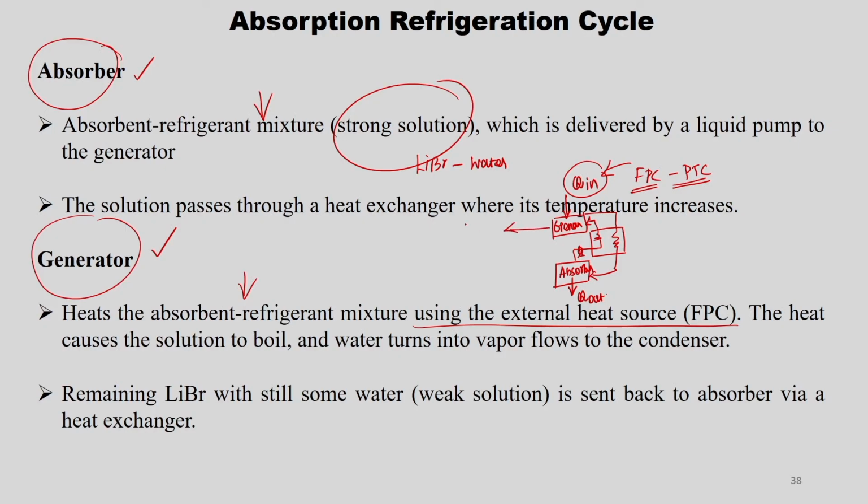And the remaining LiBr with still some water, which is called as weak solution, is sent back to the absorber via heat exchanger. That is what we said. So, it exchanges its heat, so that half of the heating of a strong solution is done by a weak solution. So, once the vapor reaches the condenser, what happens in the condenser?